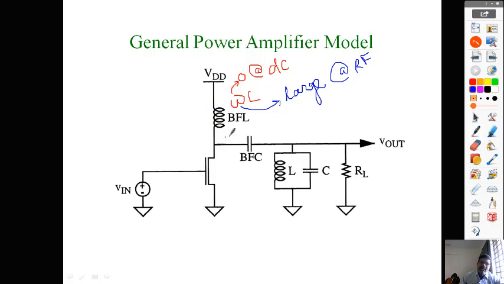Therefore, this inductive reactance will be ideally infinite. It will be just like an open circuit for the flow of RF current. Therefore, this inductor acts as a decoupling inductor to decouple the RF current, and only couples the DC current to flow through the device.